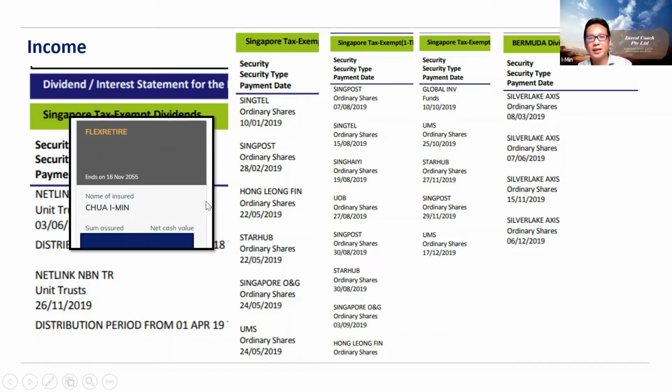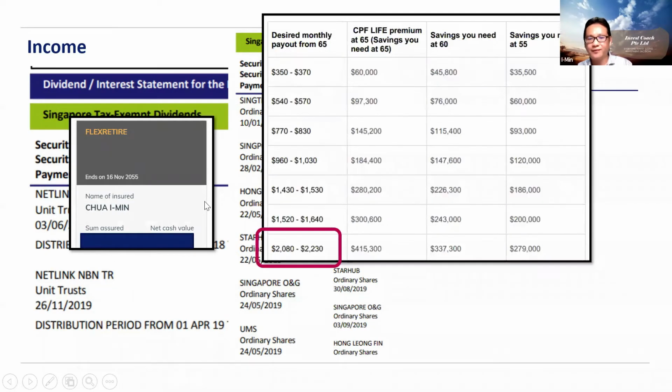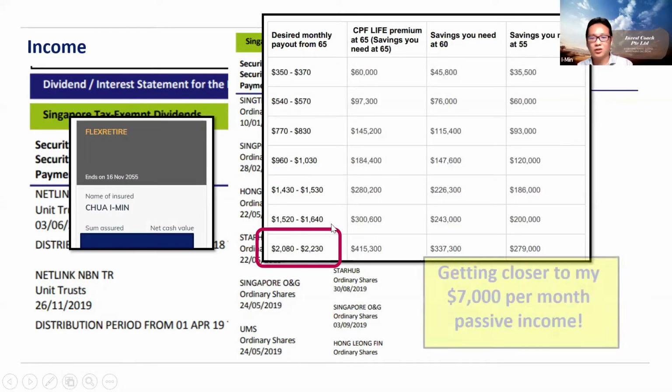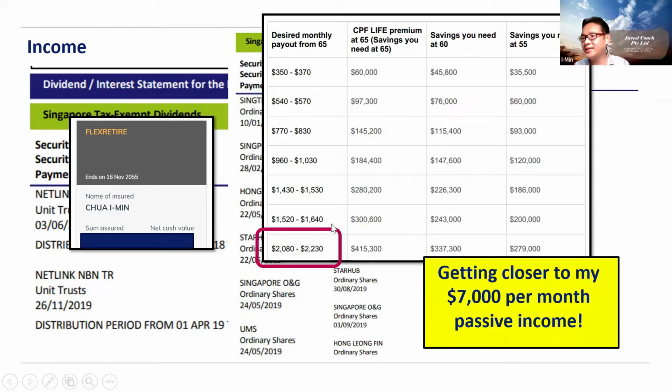And for my CPF, I intend to really max it up, and this is the amount I can get from 65 onwards.